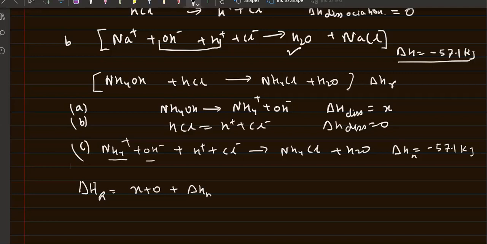Now in this case, this delta H of reaction is minus 57.1 plus X. So tell me, is this less than minus 57.1 or greater than minus 57.1? Talk about the value. Because the negative sign is just the symbolization of whether energy is released or absorbed, as simple as that, right?